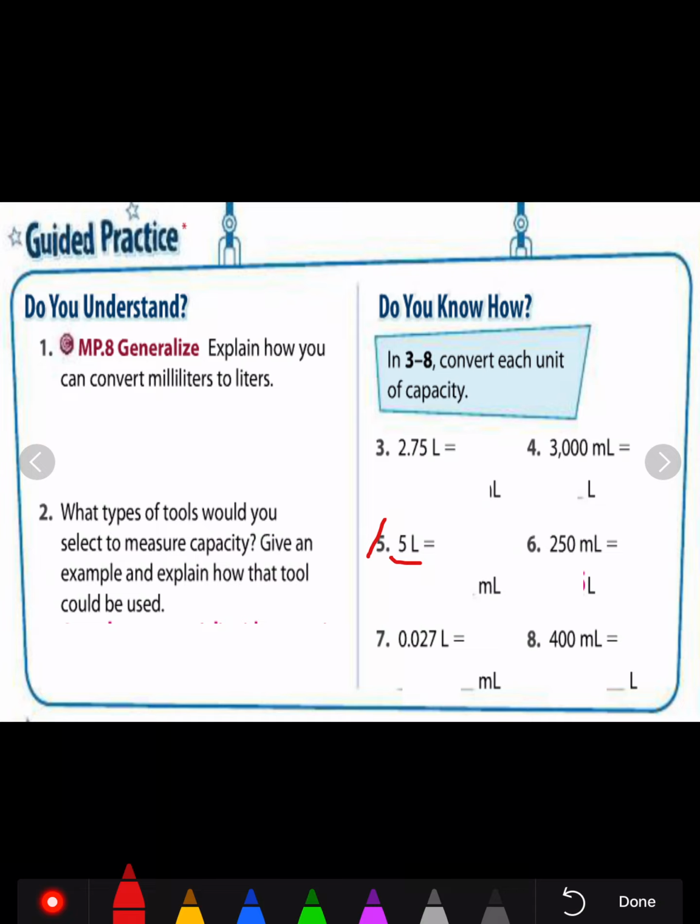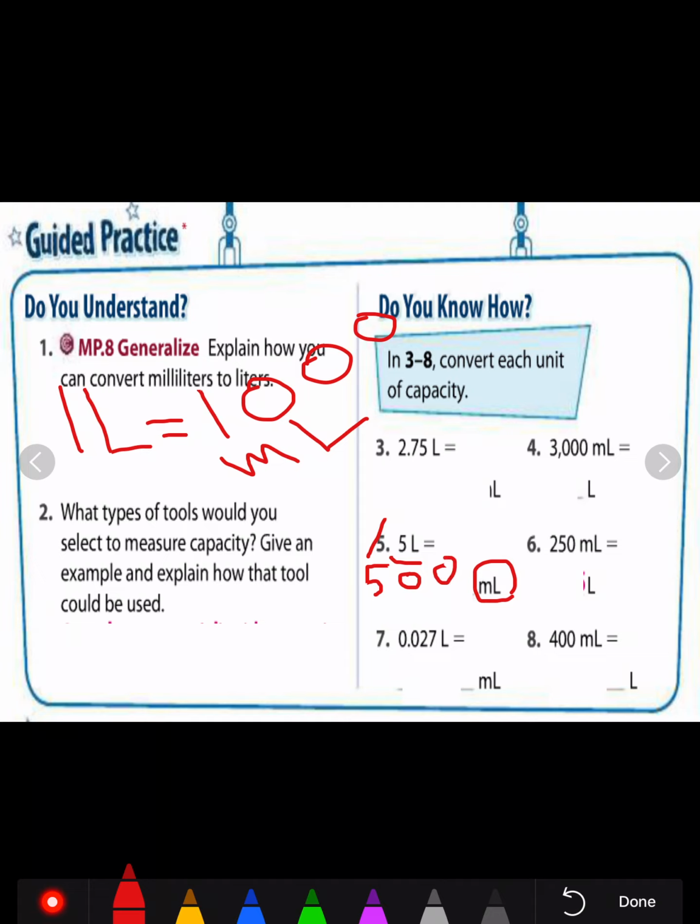As we mentioned, we always need to remember that 1 liter equals 1000 milliliters. So 5 liters to milliliters, we need to change from a large to a small unit, so multiply by 1000 equals 5000.